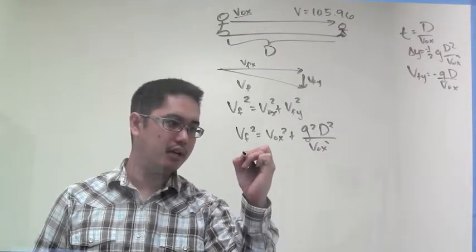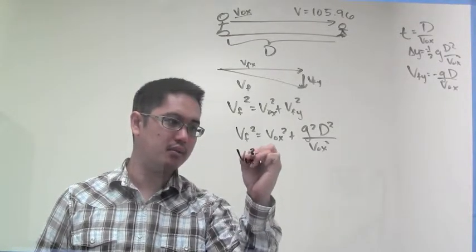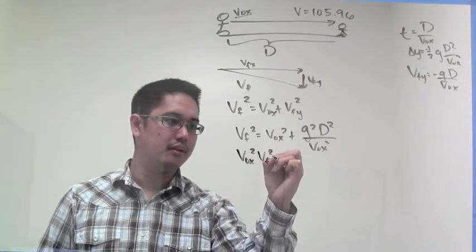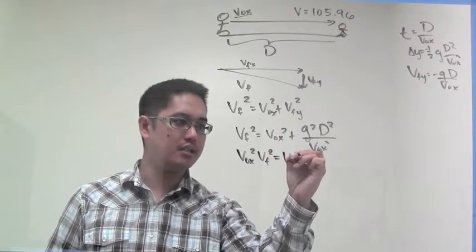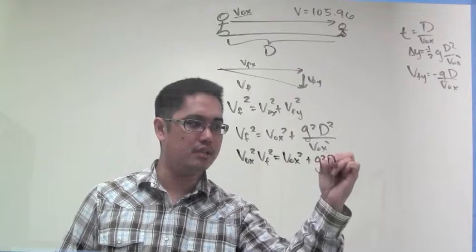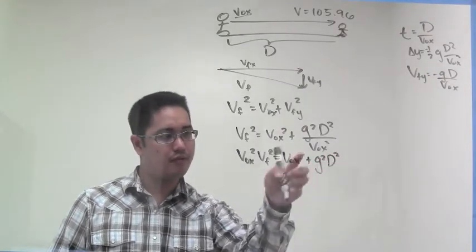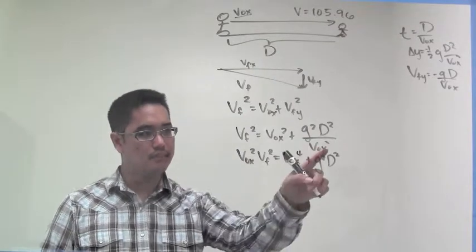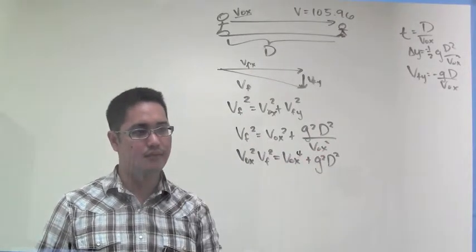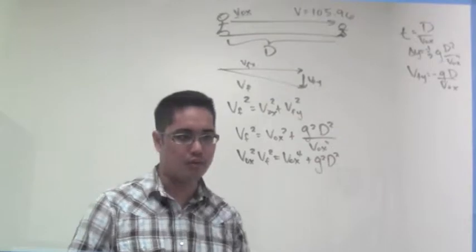I'll have V naught x squared times V final squared equals V naught x squared plus G squared D squared. Oops, that's a fourth power, because I'm multiplying this V naught x squared times that V naught x squared, and you get V naught x to the fourth power.